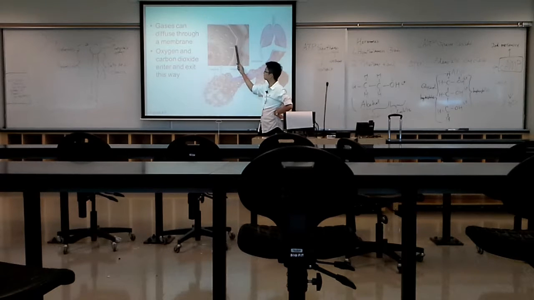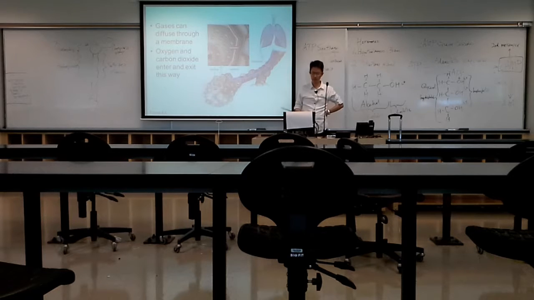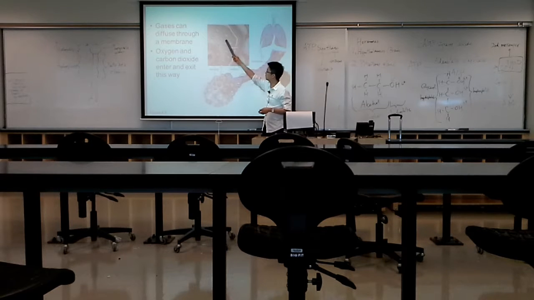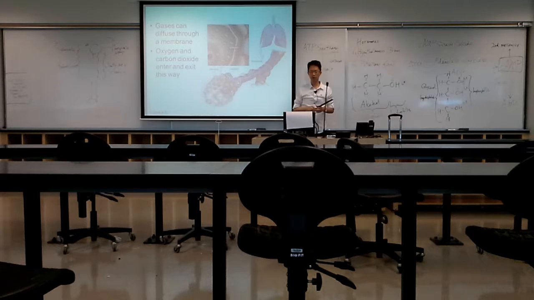So because of that, the oxygen gas only needs to go through one to two layers of cells in order to go into our bloodstream. And it is also diffusion, because inside the alveolus we have a high concentration of oxygen, but inside the blood vessels here we have a relatively lower concentration. So the oxygen goes into our blood by diffusion.